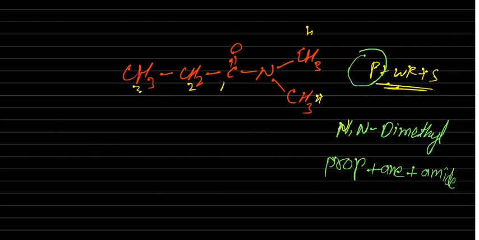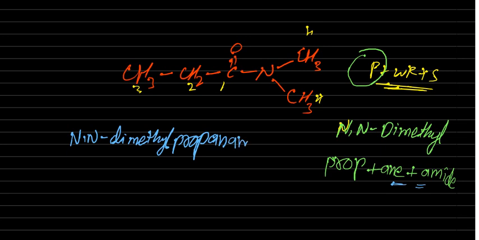You can write the final name: N comma N dimethyl propane amide. Don't write the last E because after E, A is there. So the pronunciation is propanamide. N comma N dimethyl propanamide.